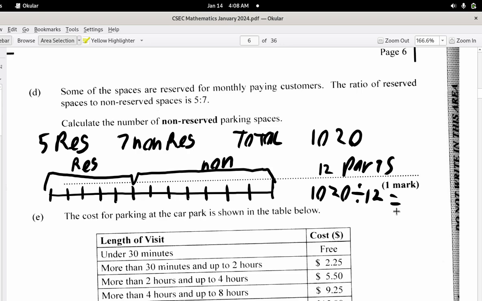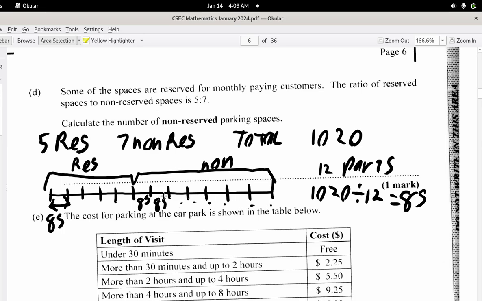Now, this is 85. From here to here is 85. And that's what happened with each of them. Now if you need the number of non-reserved parking spaces, the number of parts that are non-reserved is 1, 2, 3, 4, 5, 6, 7 parts. So 85 here, 85 here, and so on.